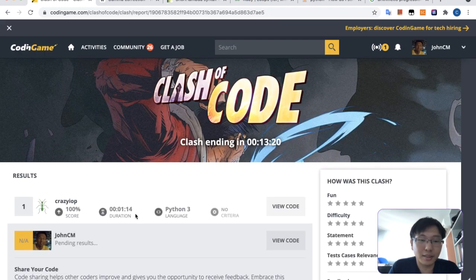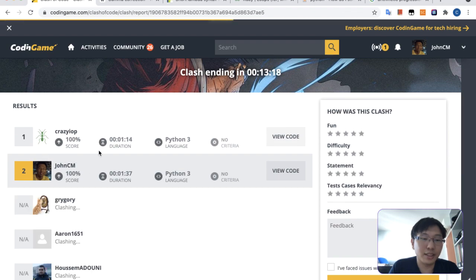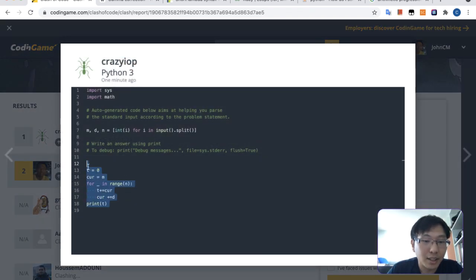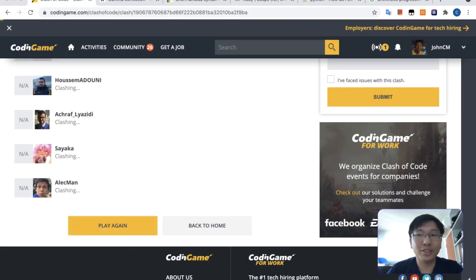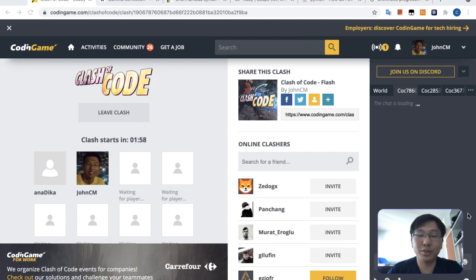All right, submitting. Oh, this guy is really fast. Did he just do a for loop to do the sequence, or did he use the formula? Yeah, he just did a for loop. Really fast, man. So it means that sometimes you don't really need to use the formula. Just a for loop will do.